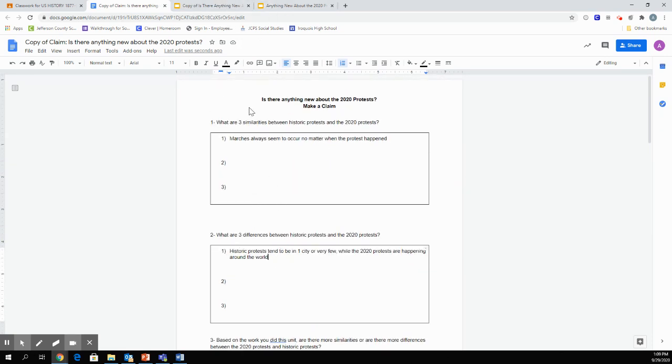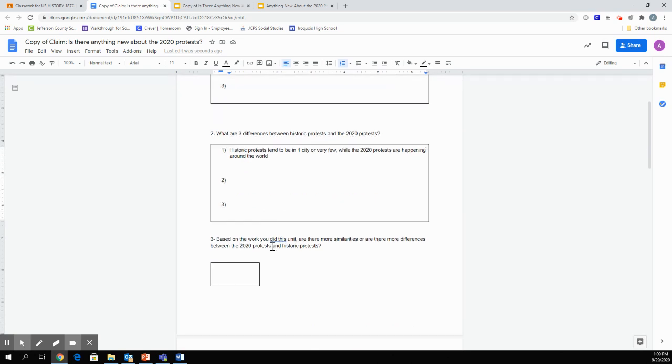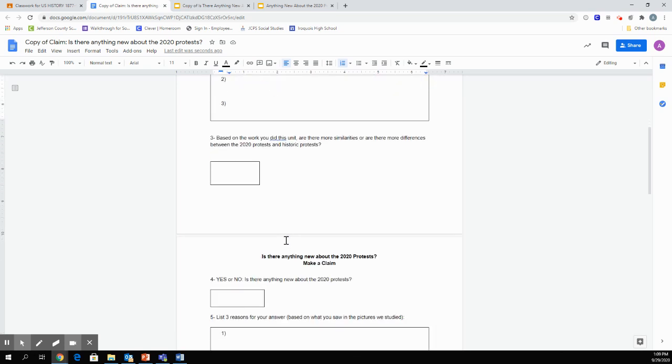The dates of those historic protests were 1 or 2 days. Now, I'm not saying that the movement died. I mean, the civil rights movement lasted years, but the protests within the civil rights movement only would last a day or two. Of course, in the future, the 2020 protests may end up being a whole movement because they are so large in scope. All right, so based on the work you did, are there more similarities or more differences?